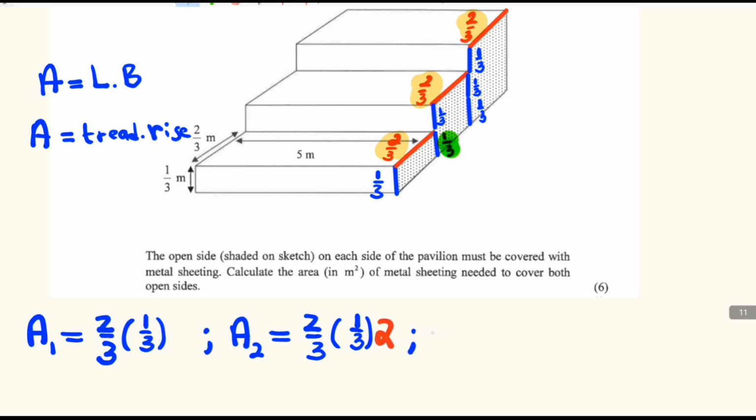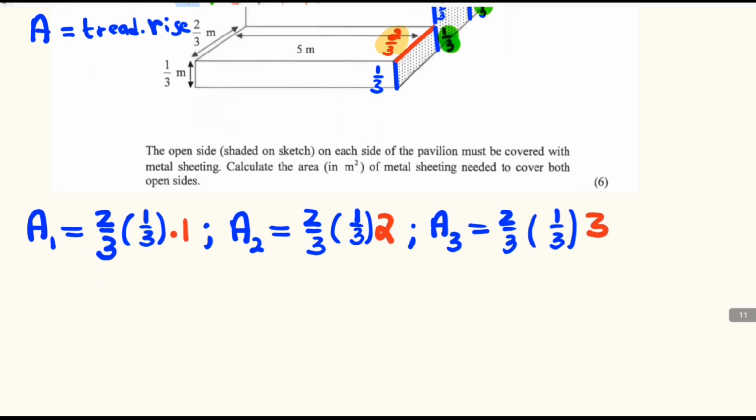And for area number 3, the tread is always 2 divided by 3 and the rise is 1 over 3 times 3. So the 1 over 3s are 3: we have the first one, the second and the third. So you can just multiply the 1 over 3 by 3.